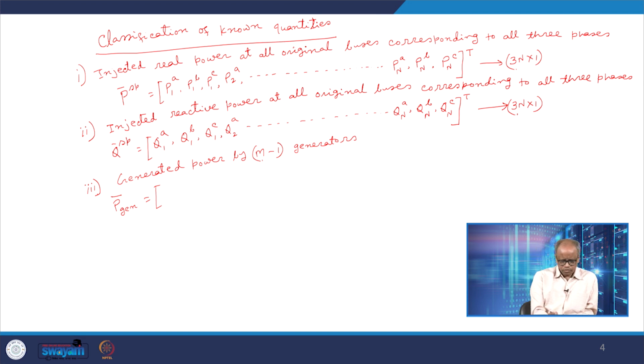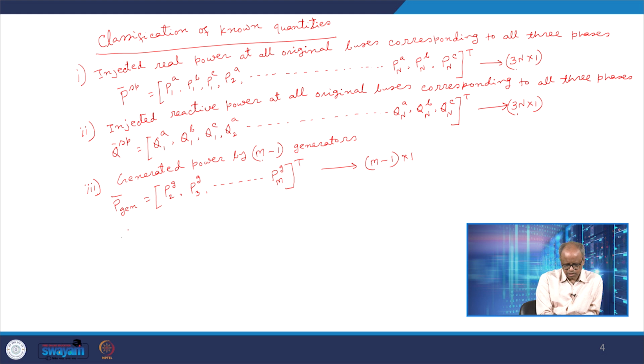So P2 gen, P3 gen, up to PM gen, transpose. So in total this is an m minus 1 cross 1 vector.